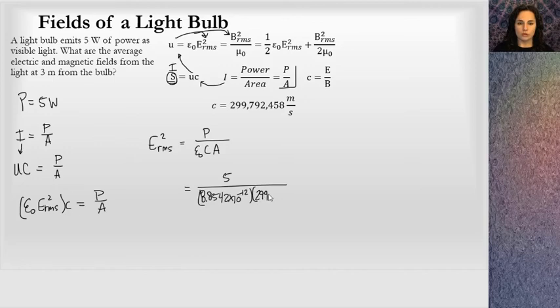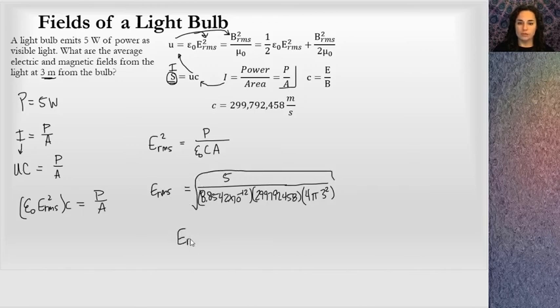I like being more exact, so I use the exact value here. And then the area here is a sphere of 3 meters. So the surface area of a sphere is 4 pi r squared, so I have 4 pi times 3 squared. If I want to find E_RMS, I have to square root this quantity, so we'll square root around it.